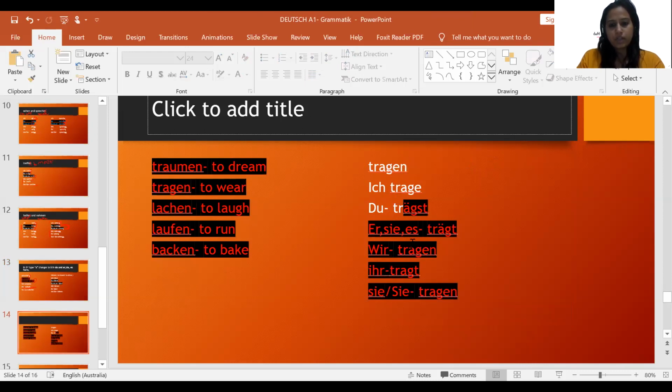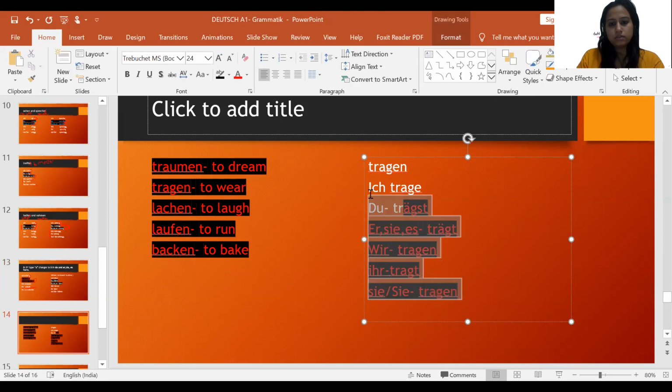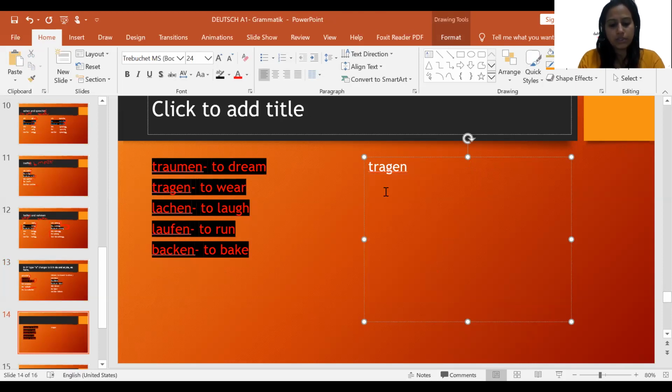So we took another word, tragen. Tragen means to wear, like jeans, okay? So ich trage. Now the du ending is st, but here we have to add a umlaut, so it becomes trägst. And then you have er/sie/es, which becomes trägt.